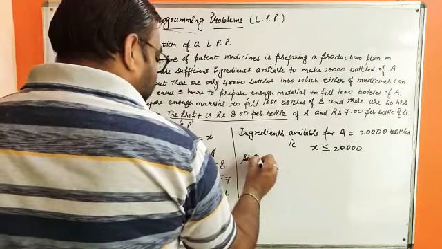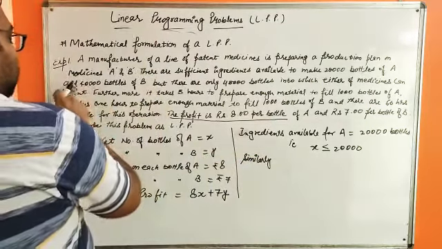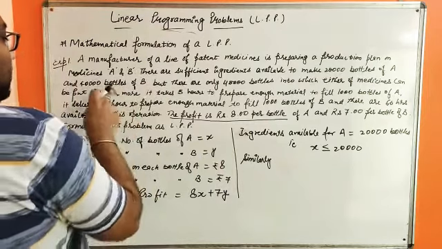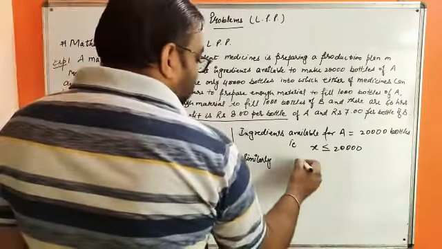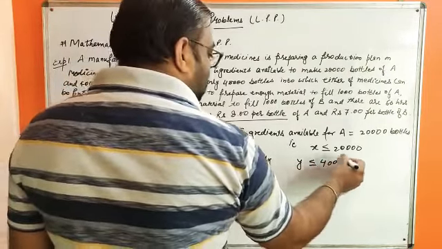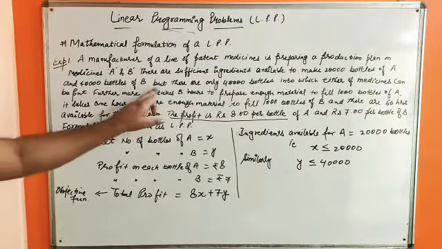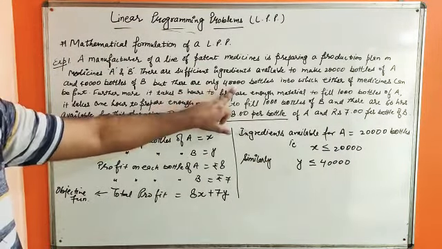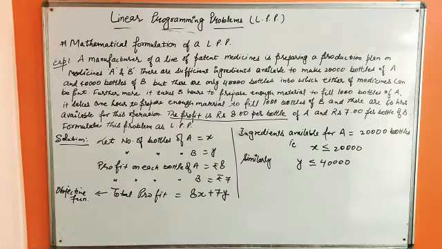Similarly, there is sufficient material available to make 40,000 bottles of B. That is, Y should be less than or equal to 40,000. But there are only 45,000 bottles into which either of the medicines can be put.